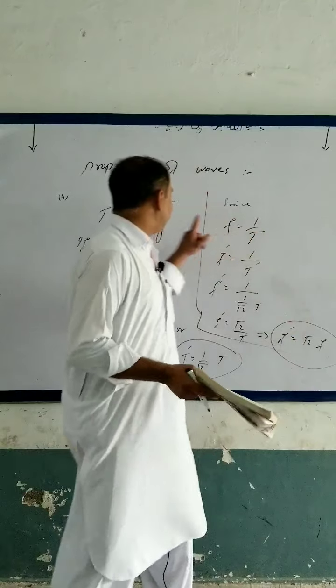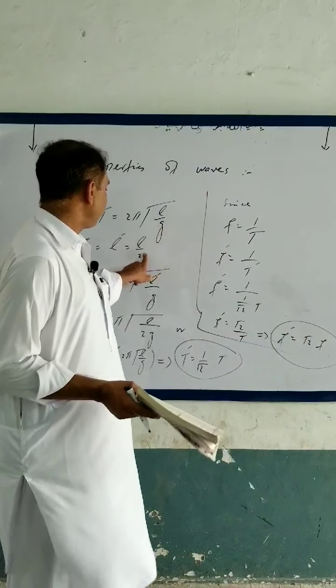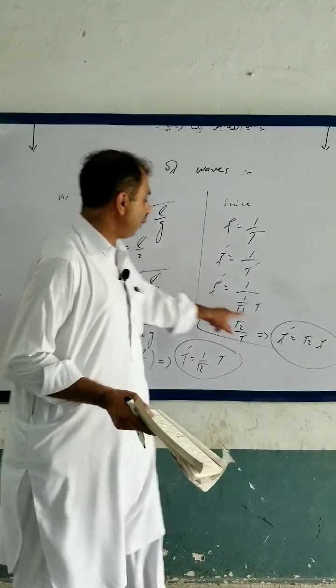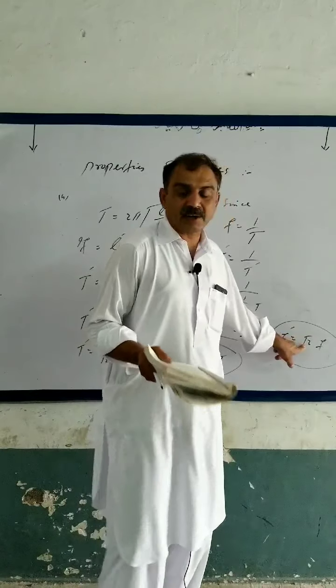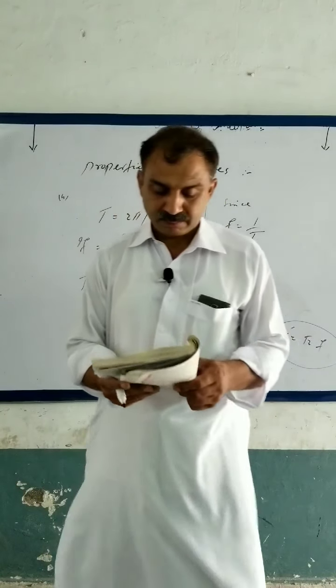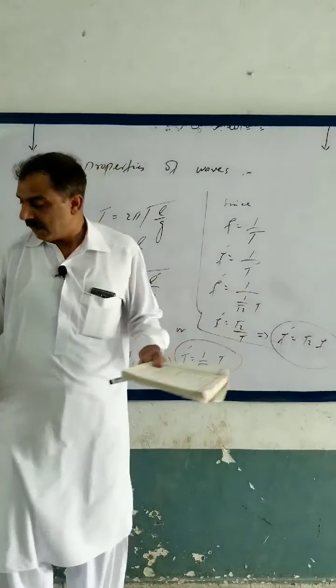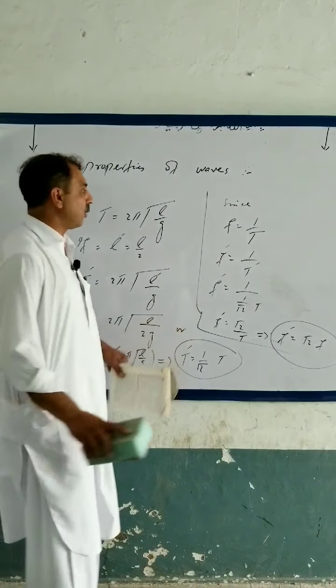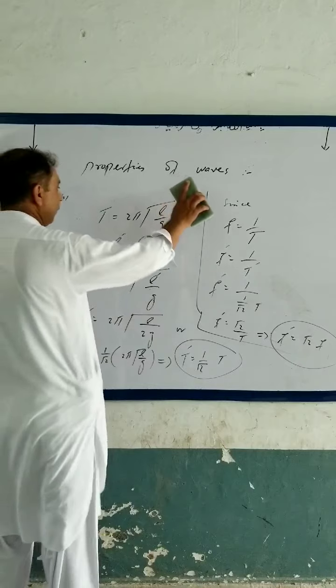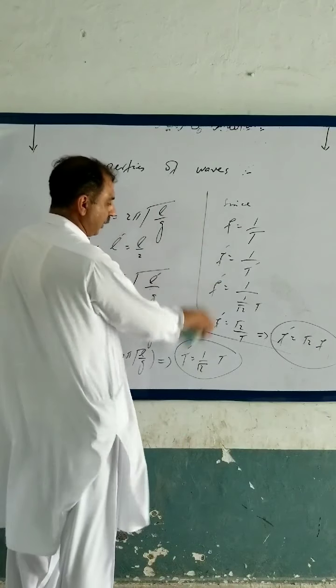So if the length decreases by half, the frequency will be increased by a factor of under root 2. You have to do it on paper mathematically, not verbally or theoretically, but in this same way.